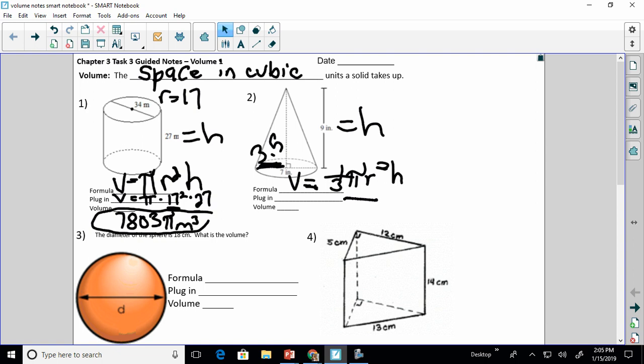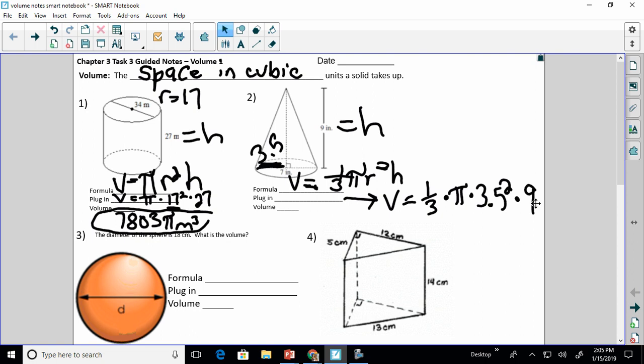What you should write on this line is volume equals 1/3 times pi times the radius, which is 3.5, squared, times the height, which we just said was 9. You plug that entire thing in without the pi.